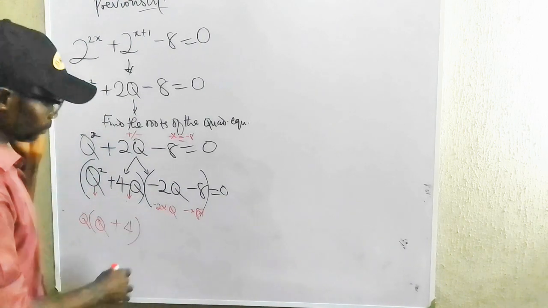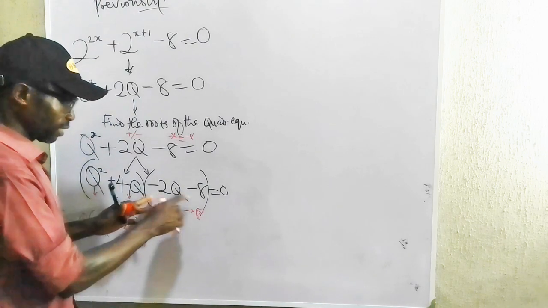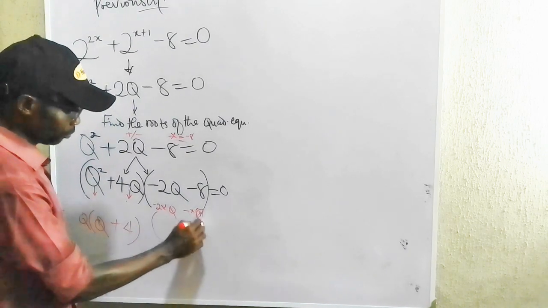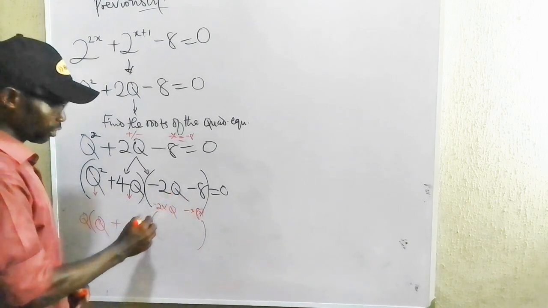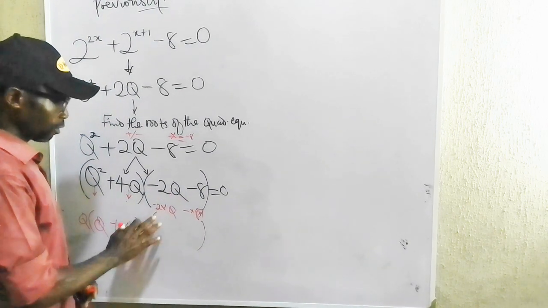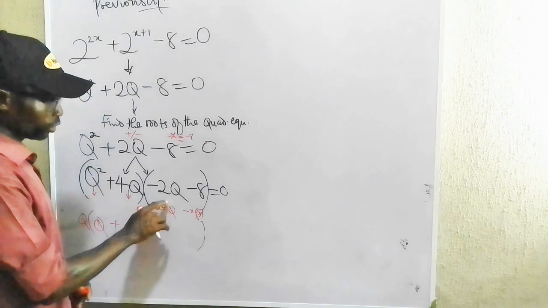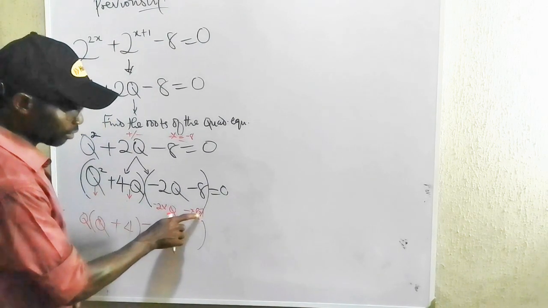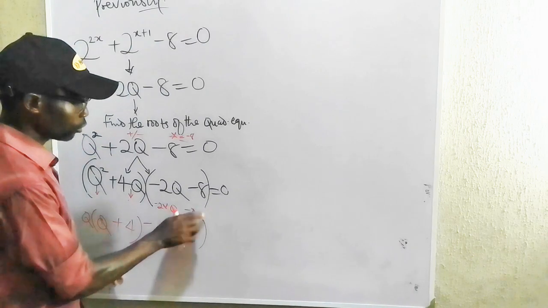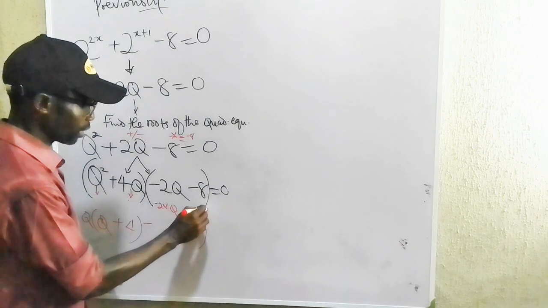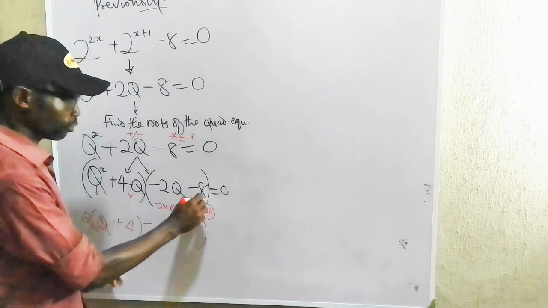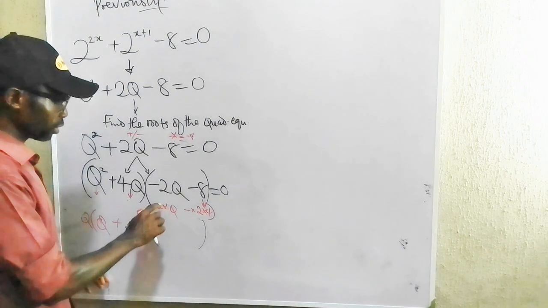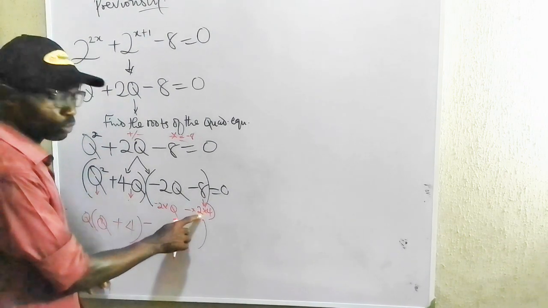Then we come to this place. Now what is here that is also here? Minus is here, minus is here, so bring it out. Now what is here that is also here? Remember, 8 itself is 2 times 4. Is that not true? So we have 2 here, we have 2 here.